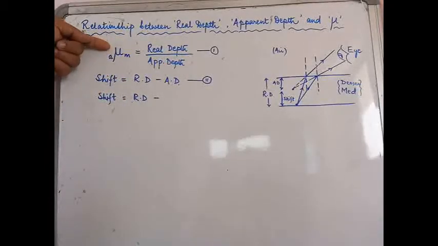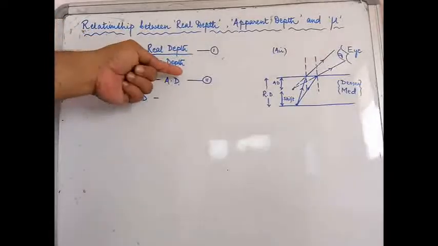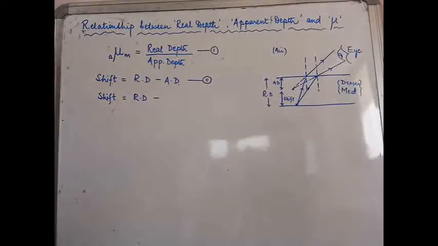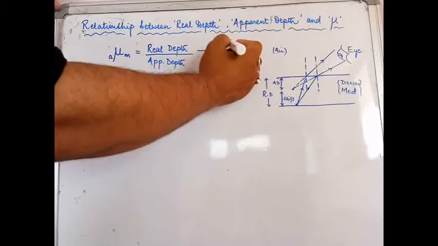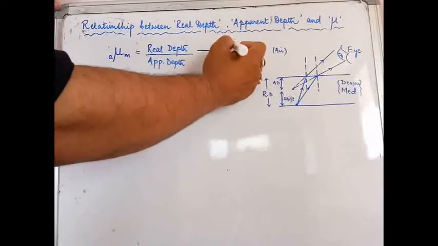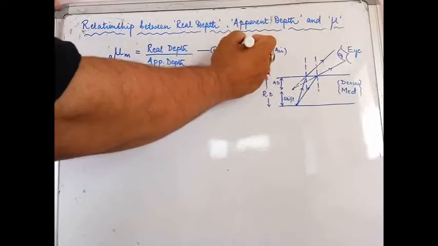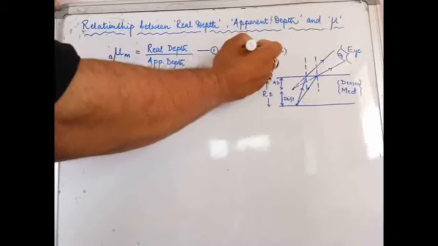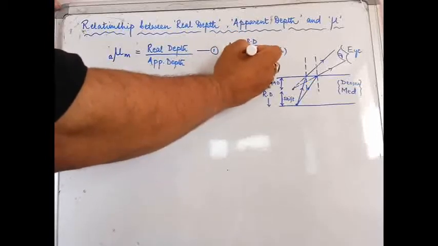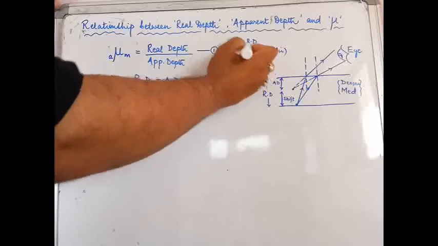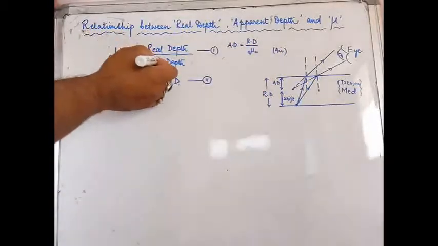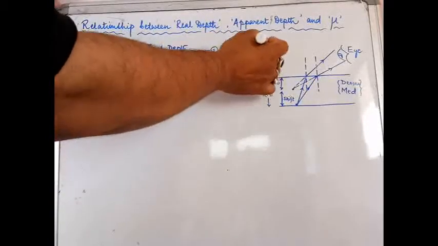Mu is in the numerator over here. When it goes to the other side, it becomes denominator. Okay, so very easily from the first equation I can write AD is equal to RD upon mu.